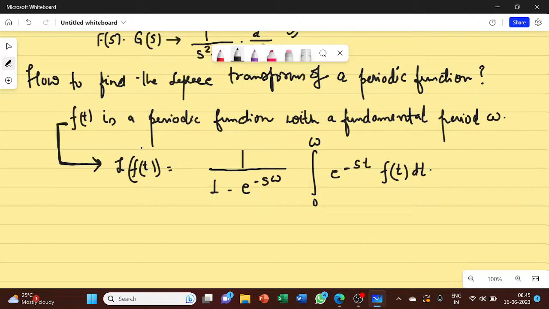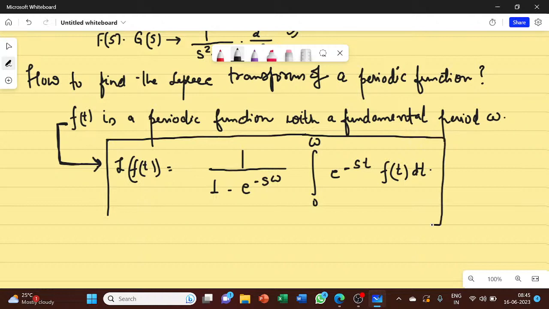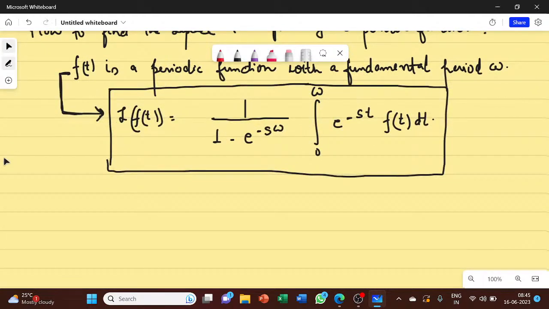So this is the Laplace transform of the periodic function.